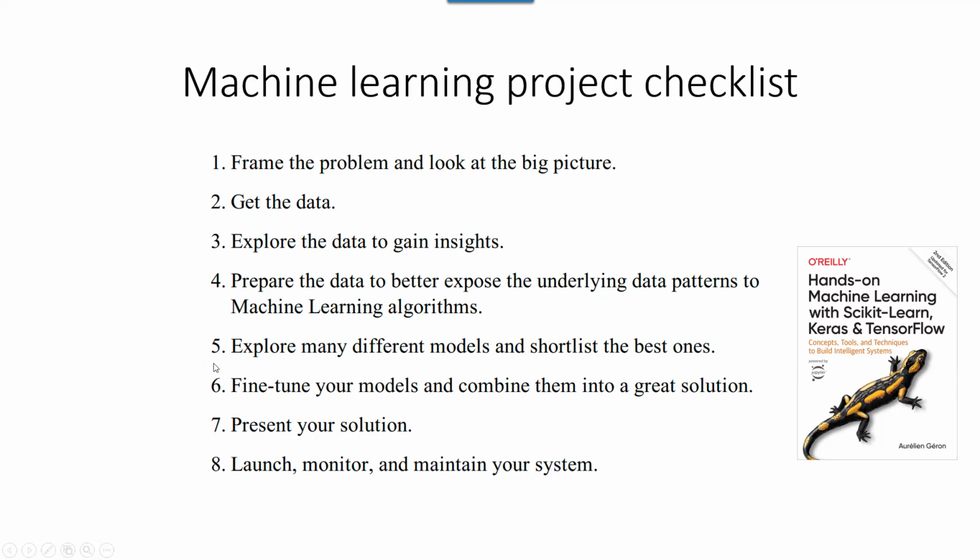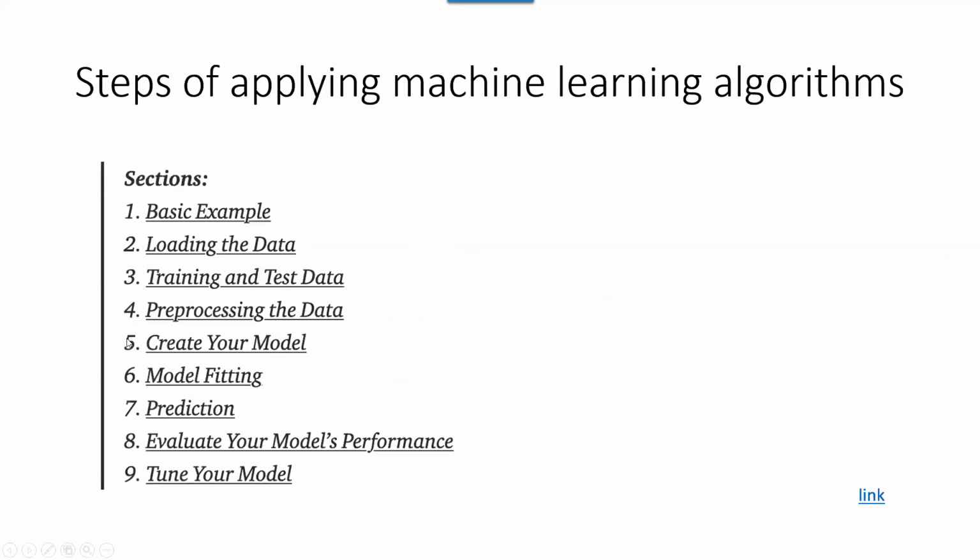There are some steps here. Sometimes we need to subdivide the data into training data set and test data set, and tune some parameters, they call it hyperparameter tuning. Also, there are some general steps when applying a machine learning algorithm: loading the data, and after that we clean.